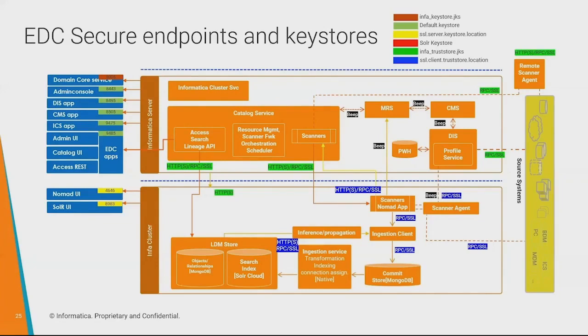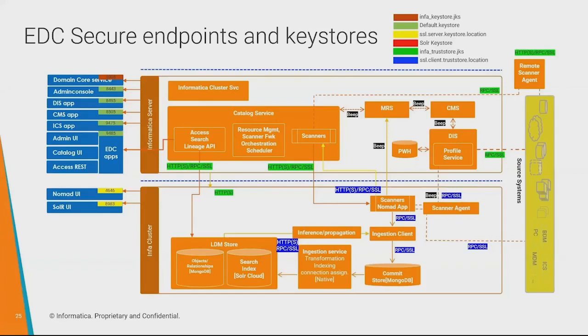On the second half of the page, you see the Nomad UI and Solr UI. These two UIs are not something you will be using as a customer, but if your administrators are willing to open the Nomad or Solr UI, they can, and those are the ports which will be used, and the server keystore location will be used to encrypt those communications.